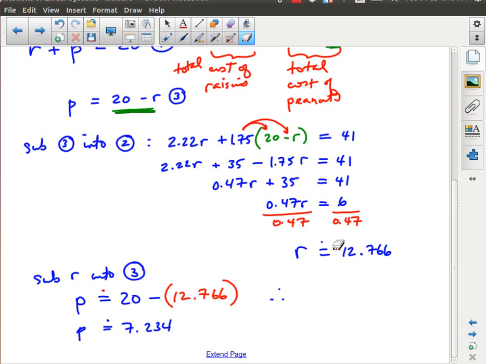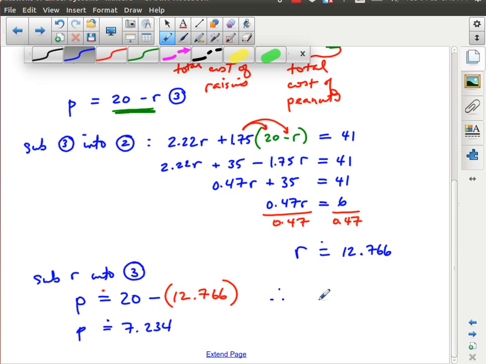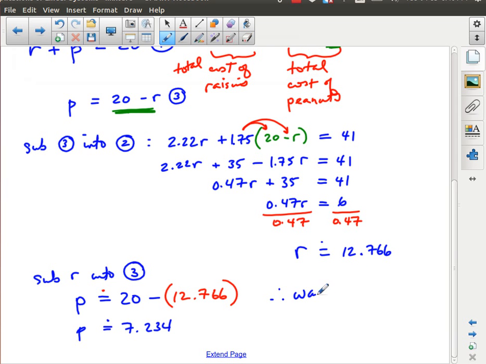Sure we can. I'm going to write that as just 12.8 kilograms of raisins and 7.2 kilograms of peanuts.